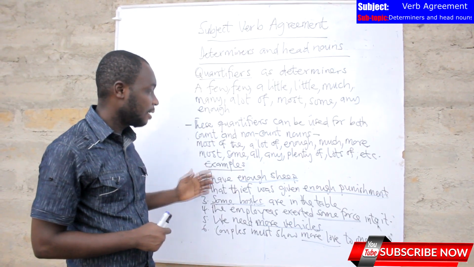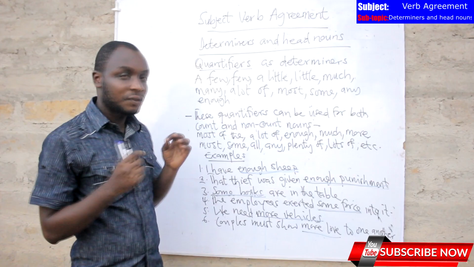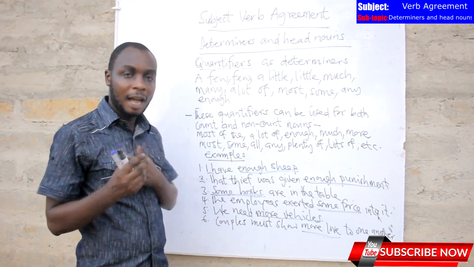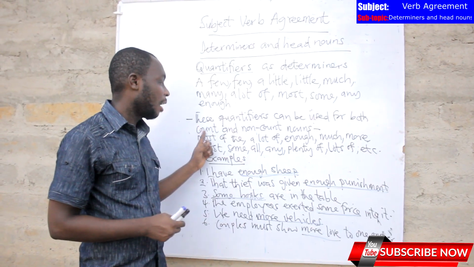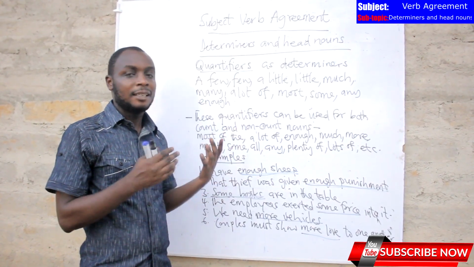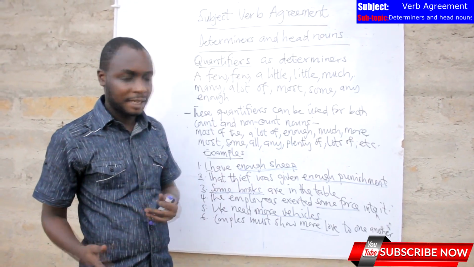We are starting with the quantifiers which could be used for both count and non-count nouns. So these quantifiers can be used for both count and non-count nouns, that is, nouns which can be counted or nouns which cannot be counted.